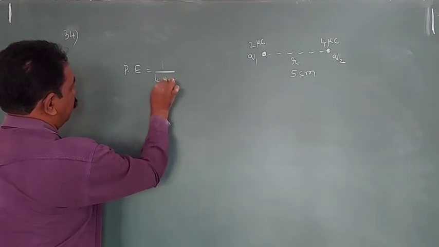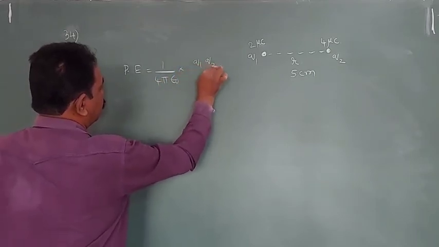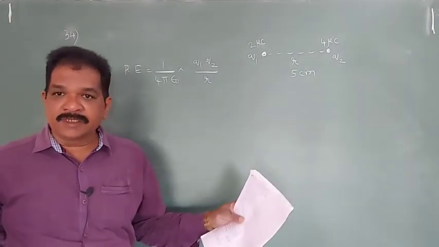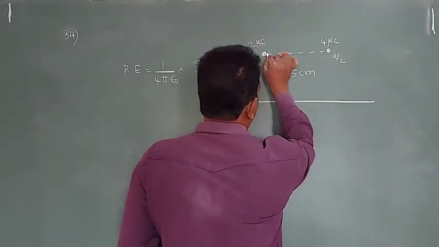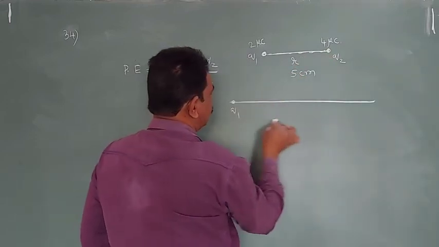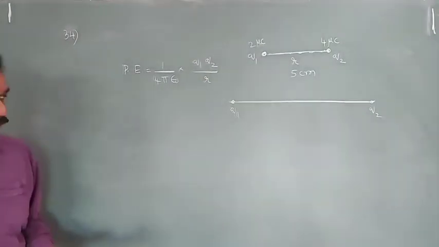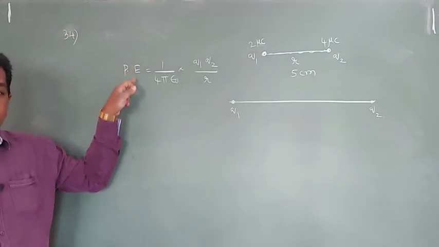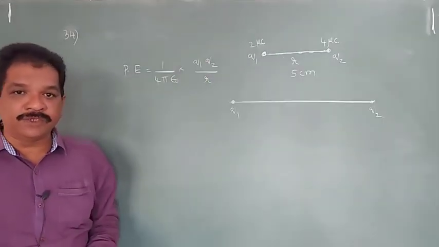1 by 4 pi epsilon naught q1 q2 by r. Now the distance between the charges is increased. So initially this is the distance. Now distance is increased. When distance is increased, what will happen? Potential energy will decrease if these two are positive.